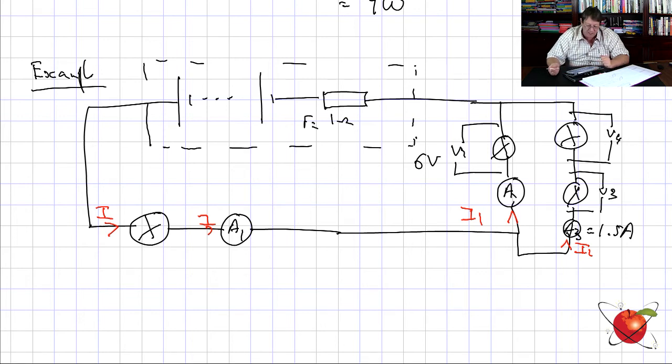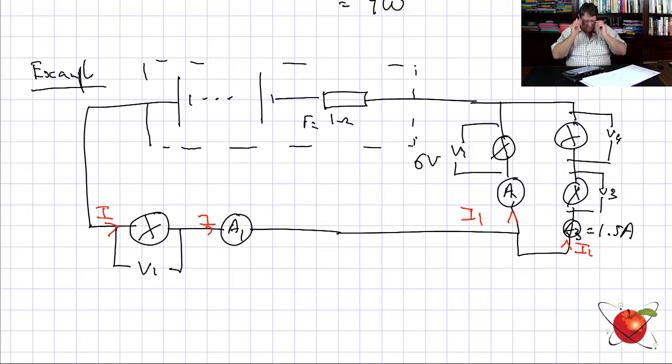V2 is there, and V1 was over here. Remember, if they don't put voltmeters there, you can just put them in yourself, because it's going to help you to solve it. You just stick a voltmeter in there and work out the voltage.